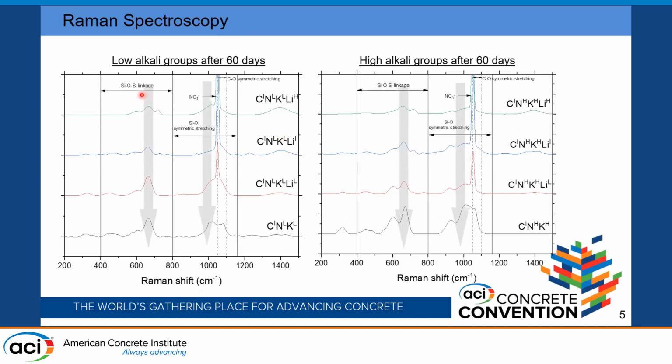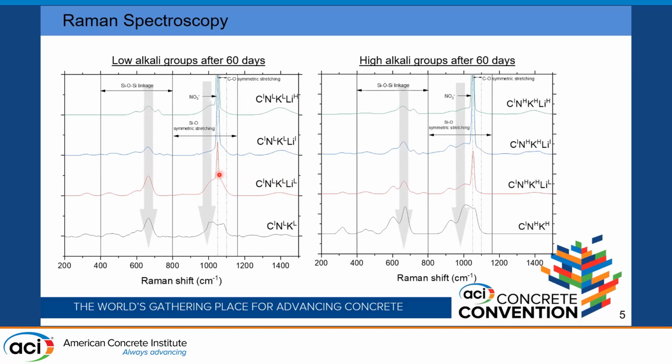They are mainly due to the silicon-oxygen-silicon linkages and silicon-oxygen stretchings, and they are Q2 and Q3 polymerization sites which are present. Now we know that Q3 polymerization sites are mainly attributing to the swelling and moisture absorption of the ASR gel. By adding the lithium, we can see that the Q3 sites are decreased beyond the lithium to alkali ratio of 0.1.